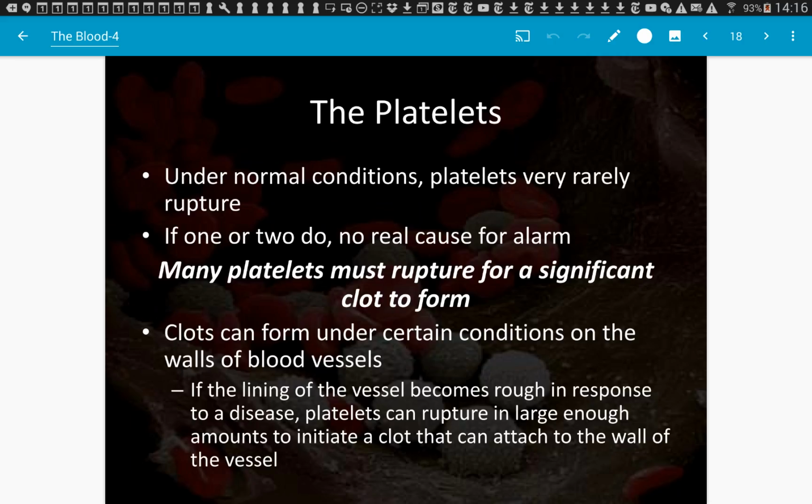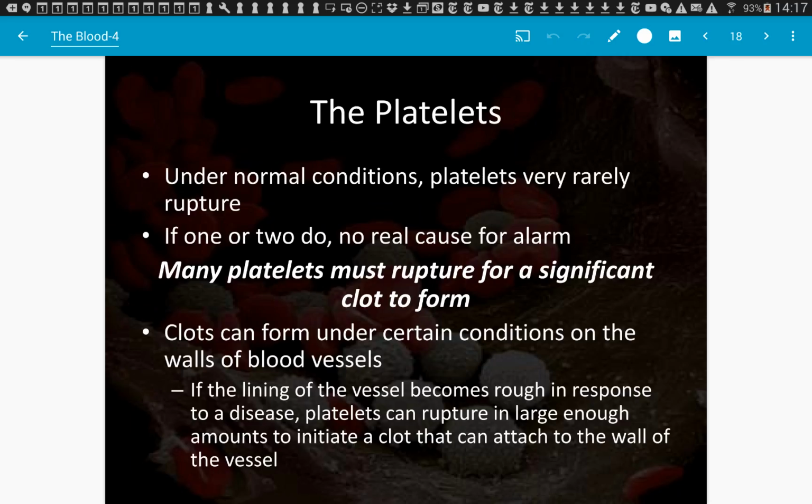So if a couple burst, no big deal. You're safe. But if you have many platelets that are rupturing, for example, if the inside of a vessel is rough from an infection, or, for example, the buildup of plaque or atherosclerosis in your vessels, that is more likely to cause platelets to burst and may actually form a significant clot.